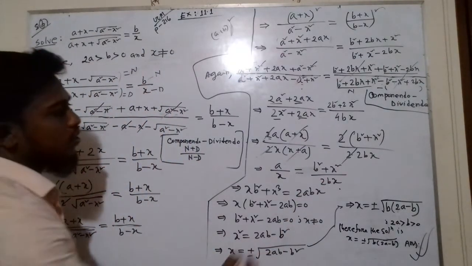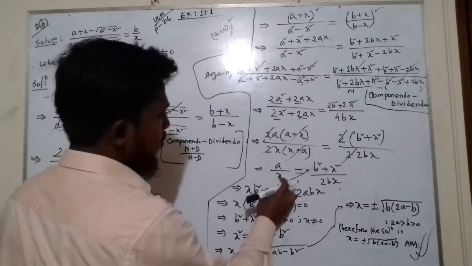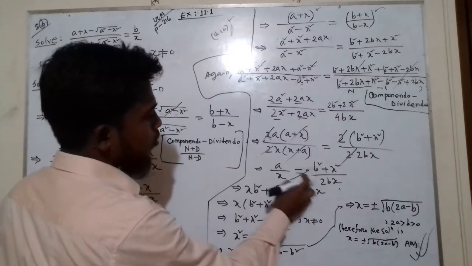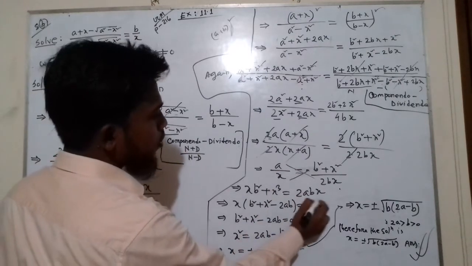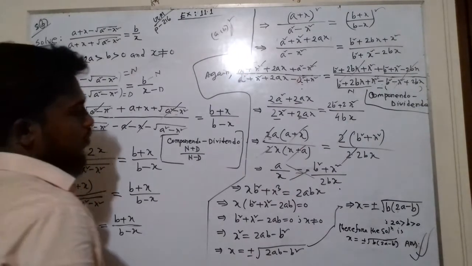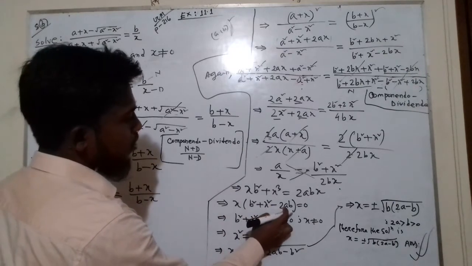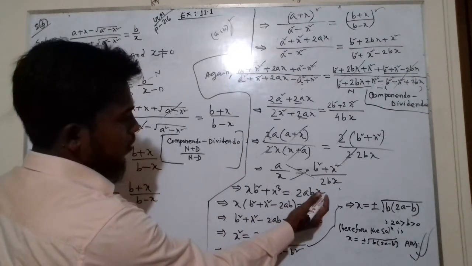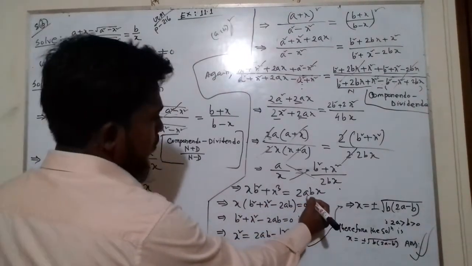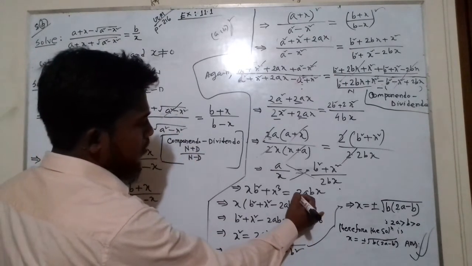Now we cross multiply this equation, x into b square plus x square, that means x b square plus x cube, equal to, then cross multiply 2bx. Now we can write x into b square plus x square minus 2bx, because if we write this term on the left side, then it will change the sign.